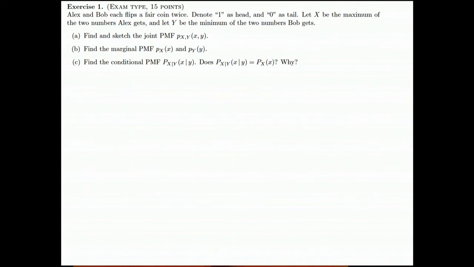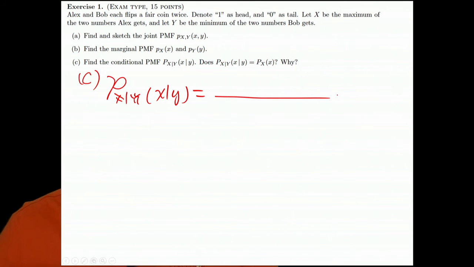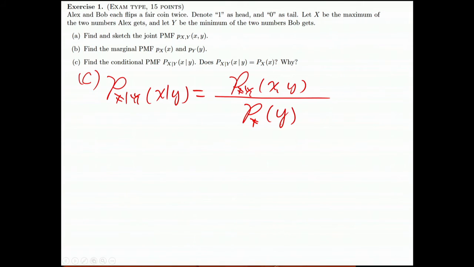Now, part C, the conditional PMF. The conditional PMF is the probability of x given y. From the basic definition, that's the joint PMF divided by the marginal PMF of y. So again, we just plug in because it's discrete. So x could be 0 and y could be 0, x could be 1, y could be 1.